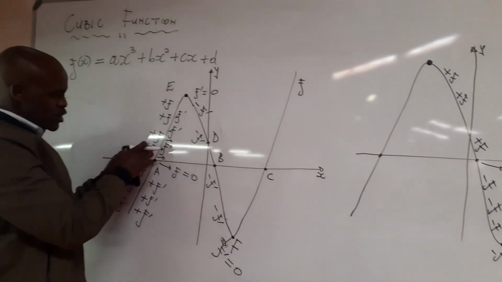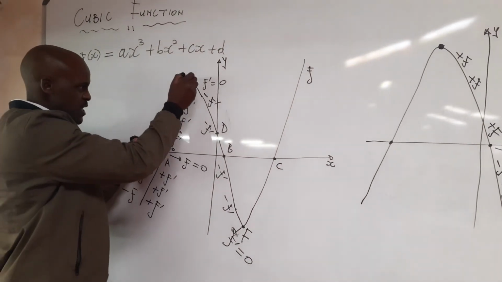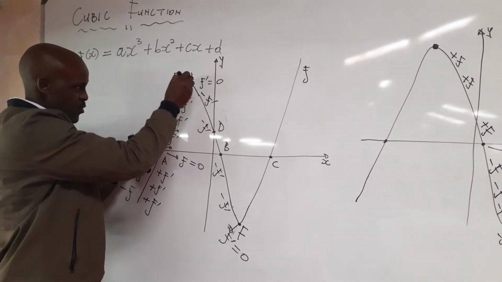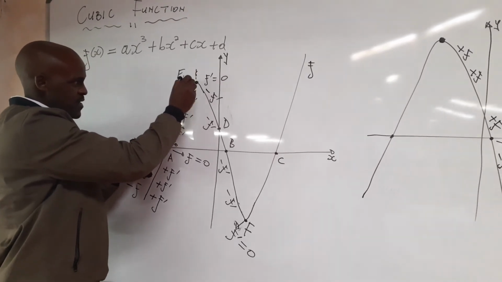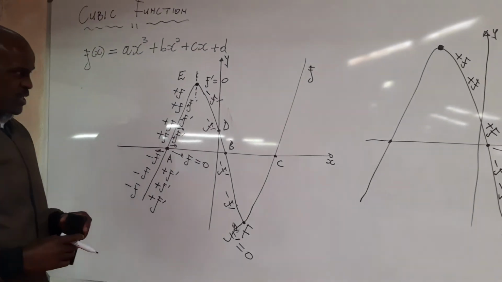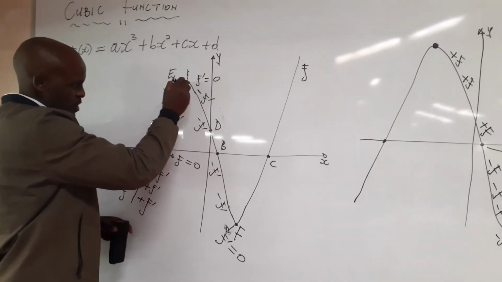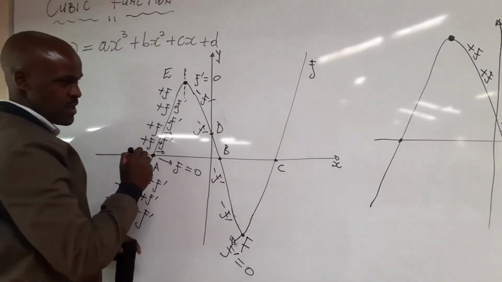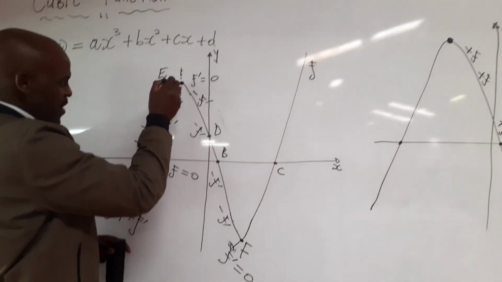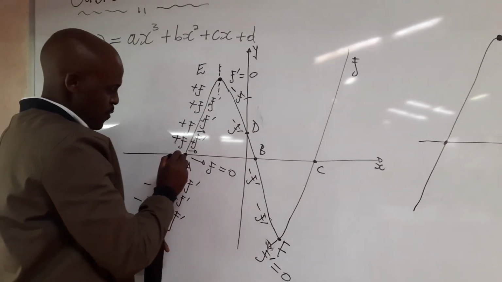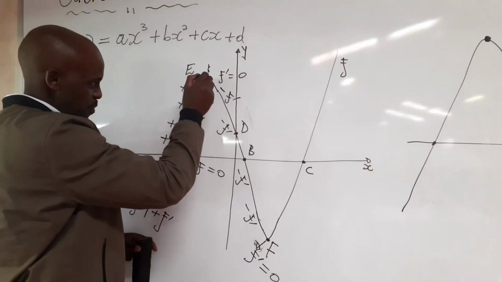You can't include this point, and also you can't pass here. You move from point A, but you do not pass this point.